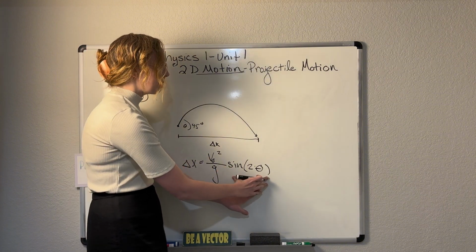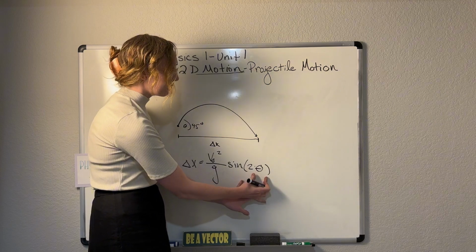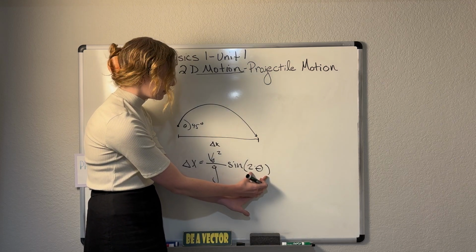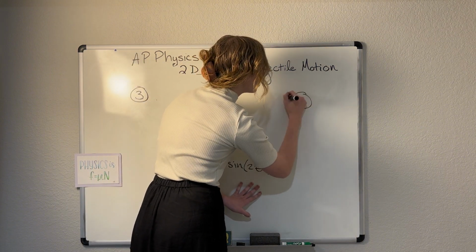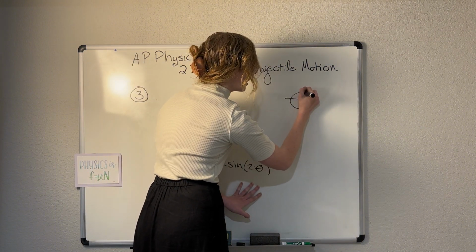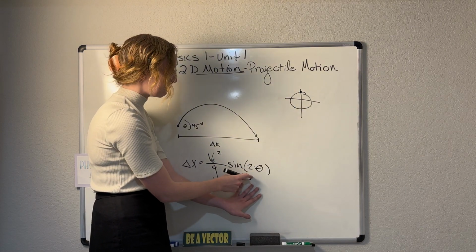Well, we want to be able to maximize the sine term right here. Sine is biggest whenever the argument, this number that we put inside of parentheses here, is equal to 90, right? If we think about our unit circle, 90 is when we're right here, so sine is equal to 1 when its argument is 90 degrees. That's when it's biggest.